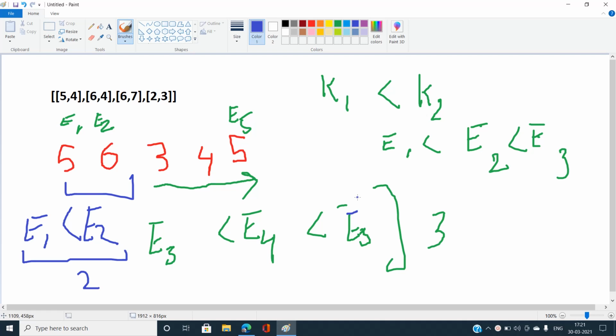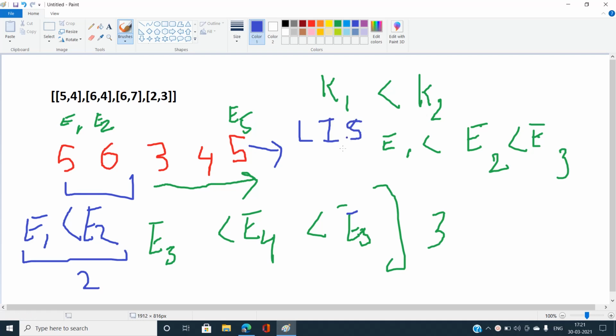Okay, so how can we do this? If a single parameter is given for a particular envelope, this can be easily found, and you can generalize this case for this array. If you are aware of dynamic programming concepts, you can easily see that if n square is less than or equal to 10 power 7, this problem is nothing but a classical problem of LIS, longest increasing subsequence.